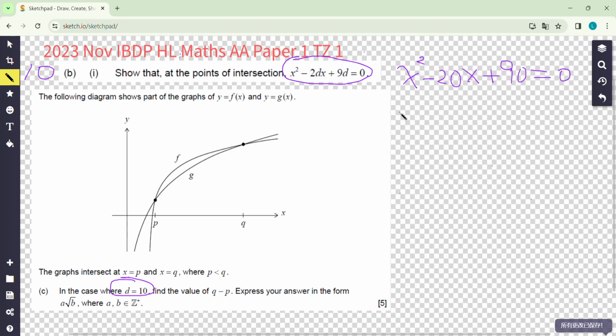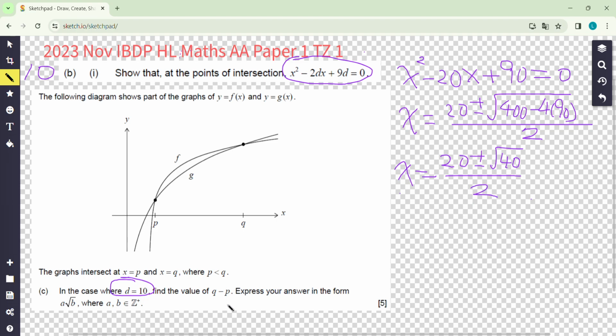So we get x using the quadratic formula: negative b plus or minus the square root of b squared minus 4ac, over 2a. So we have x equals 20 plus or minus square root 40 over 2.